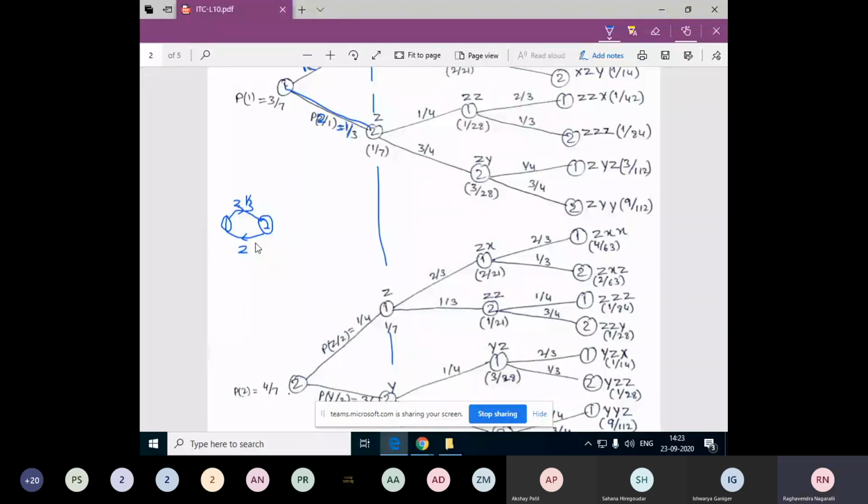Again Z with probability 1 by 4. We have one transition from 1 to 1 itself, and the symbol emitted is X with probability 2 by 3. And we have one transition from 2 to 2, the symbol emitted is Y with probability 3 by 4.